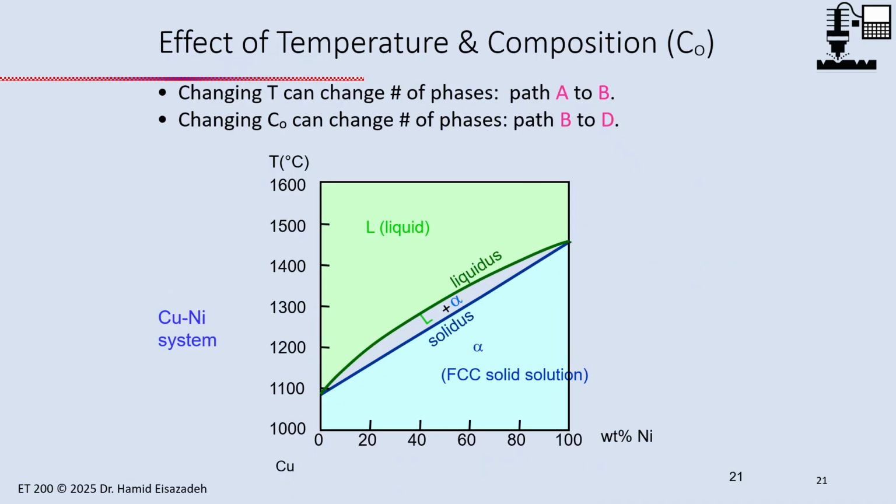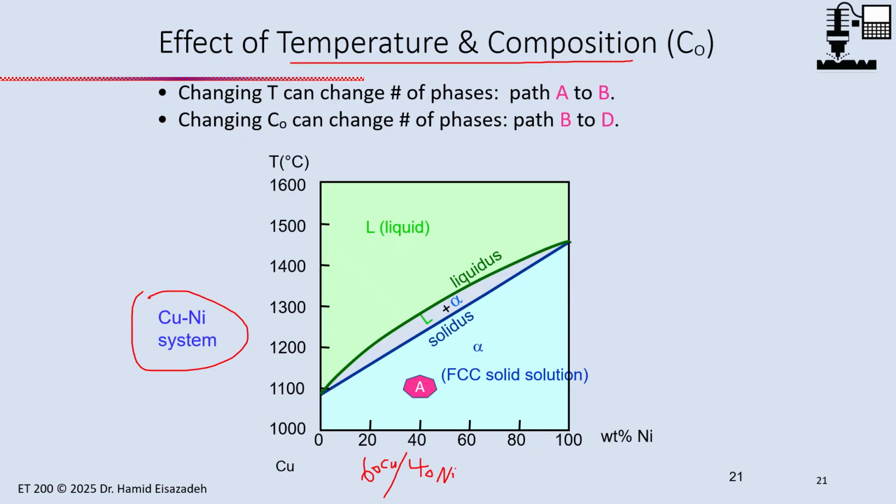In this slide, I'm going to show you the effect of temperature and composition in the phase diagram of the copper nickel system. As you see, if we change T, the phase will change. Here, if we are at 40% nickel, it means you have 60% copper, right?